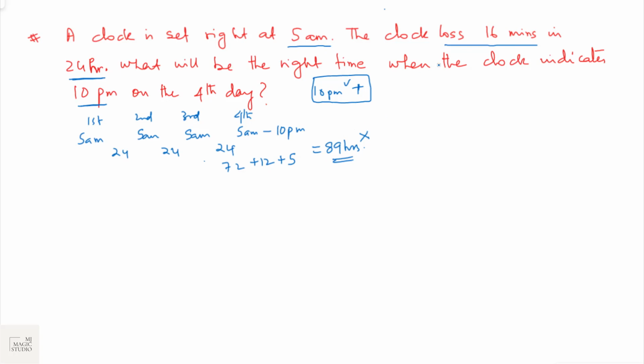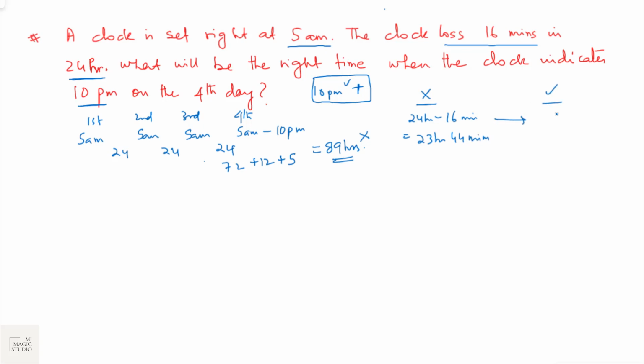Now, let us study this. The clock loses 16 minutes in 24 hours. It means what? That on the wrong clock, the movement is 24 hours minus 16 minutes, that is 23 hours 44 minutes.